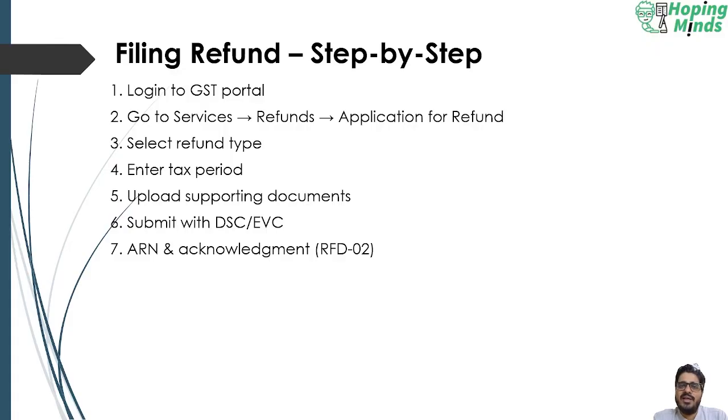Then we have to select the type of refund, that is, the type of refund will be like export or inverted duty or excess tax, or there will be certain more options from which we have to select. Then select the tax period. We have to select the month or quarter for which refund is sought. Then upload the supporting documents. We have to upload supporting documents like invoice details, then shipping bills, LUT, declarations, CA certificates, etc.